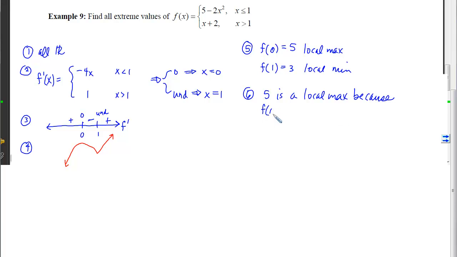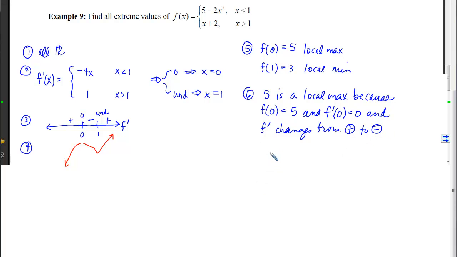because f of 0 equals 5 and f prime of 0 equals 0 and f prime changes from positive to negative.